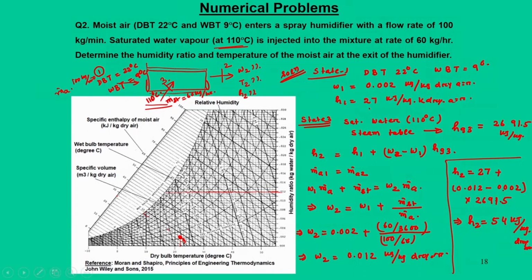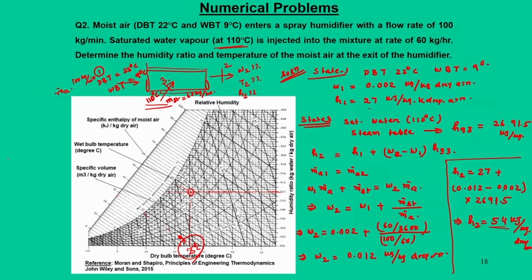So, state 2 we can find: one is on this line, wherever we get 54. 54 enthalpy means you have to go along the constant enthalpy line. Roughly the 52, 54 line will come here and intersect at this point. If you draw a vertical, this number would be close to 25 degree centigrade.